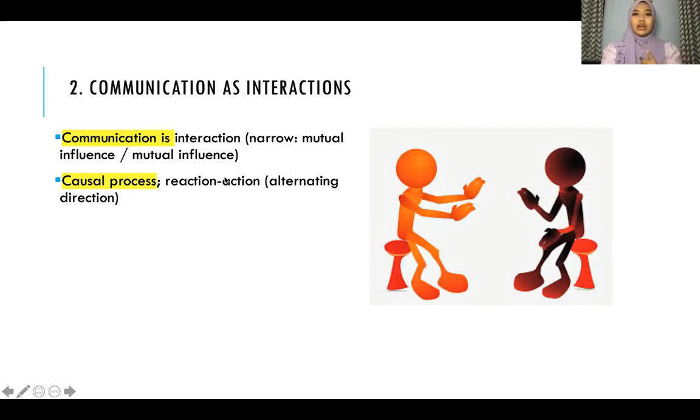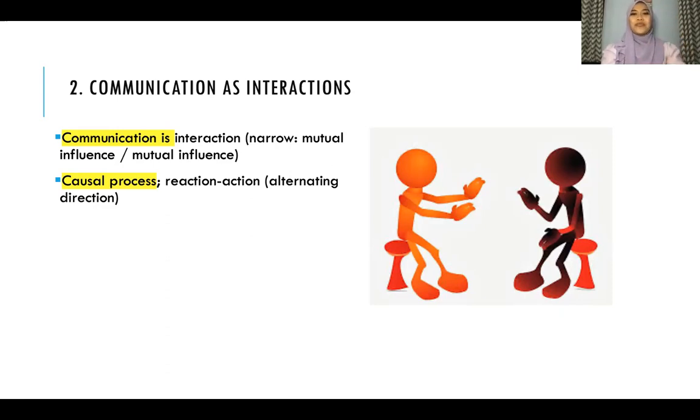The action is how I say hi to you, then the reaction is how you reply to my statement, hi, Mbak Ida.